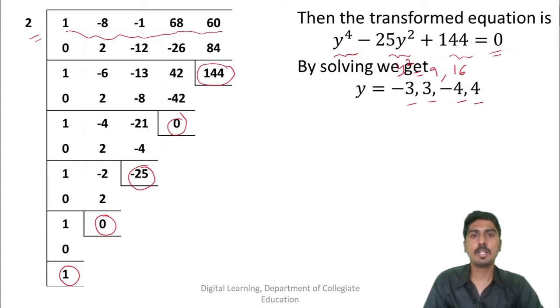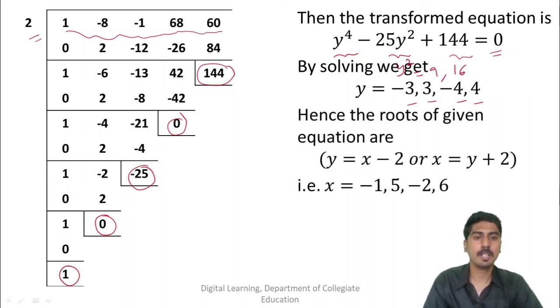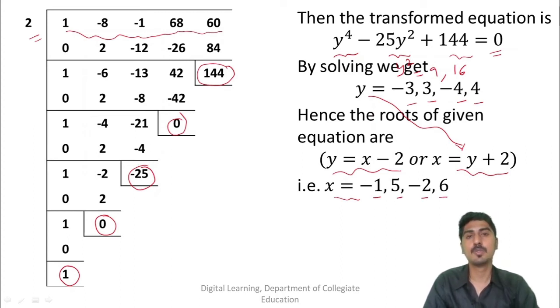Now to find out the roots of the given equation, we have y is equal to x minus 2, or x equal to y plus 2. Substituting the values of y here, we get x is equal to minus 1, 5, minus 2, 6. These are the roots of the given equation.